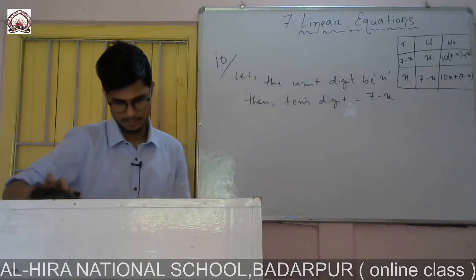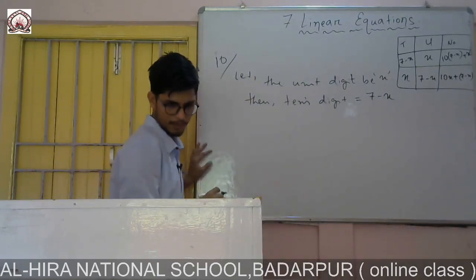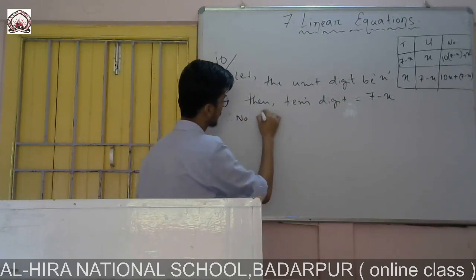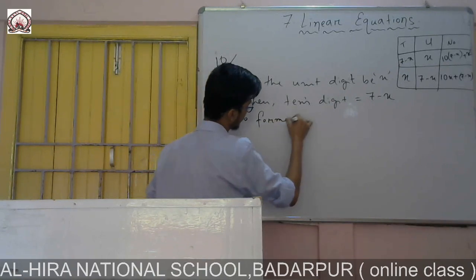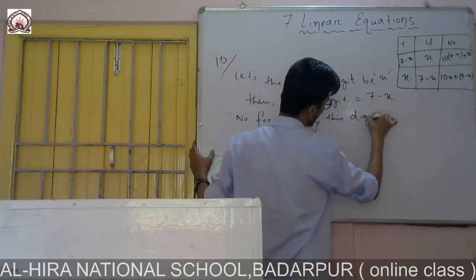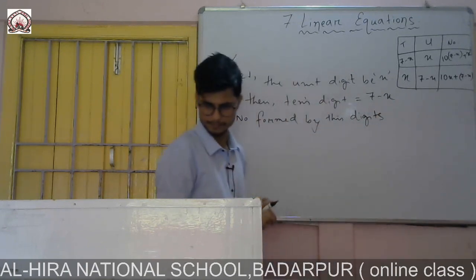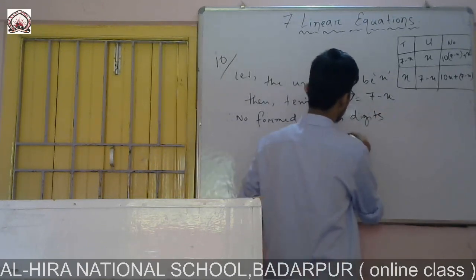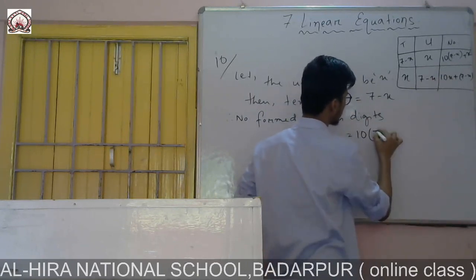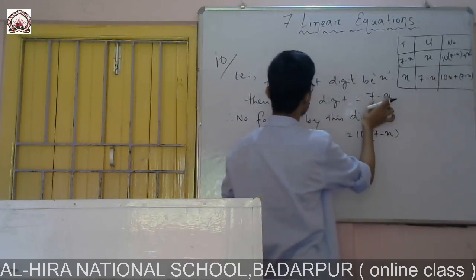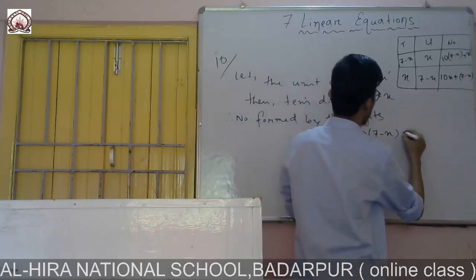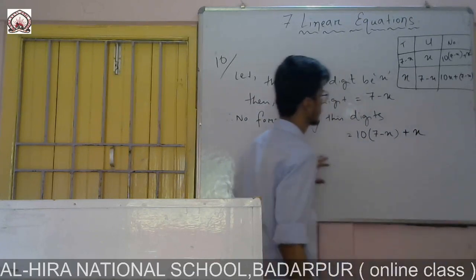And now you can write it easily. Therefore the number formed by these digits, I can write as: this is the tens place digit, so I will write it as 10 into 7 minus x, and I will add the unit digit.